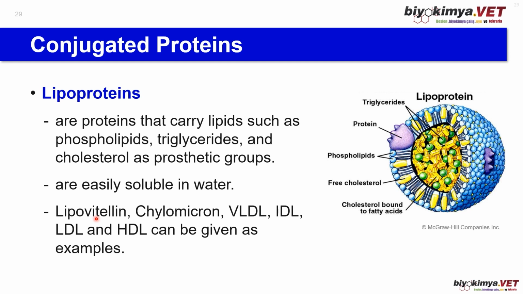Lipovitellin plays a crucial role in providing essential nutrients to the developing embryo in the egg and serves as a reservoir for lipids, vitamins, and minerals required for embryonic growth. This complex protein helps in the storage and transport of lipids, aiding in the nourishment of the developing embryo during the incubation period.